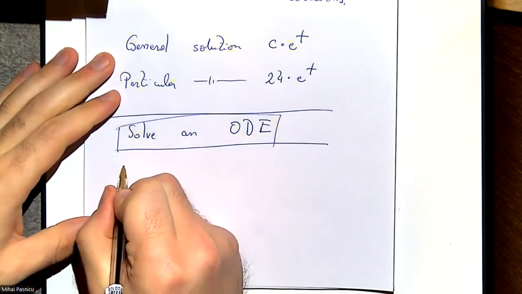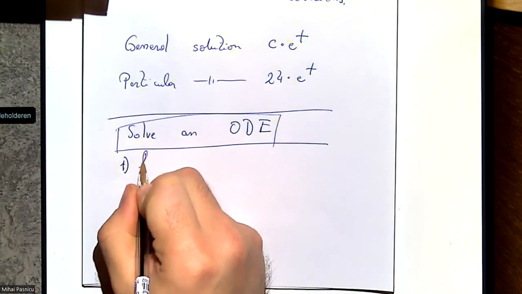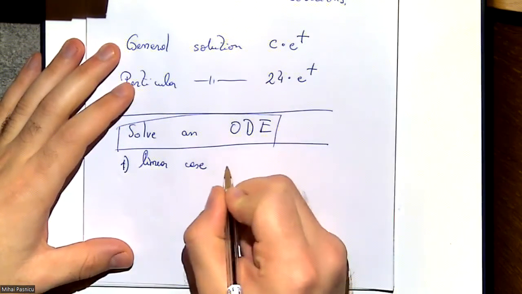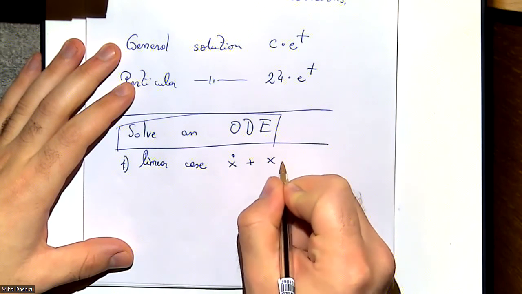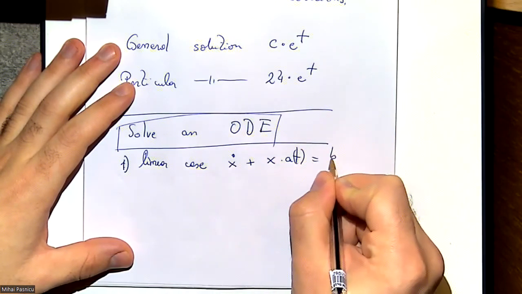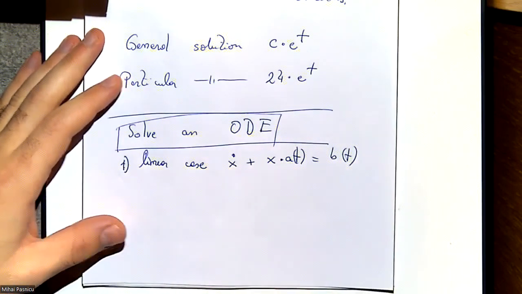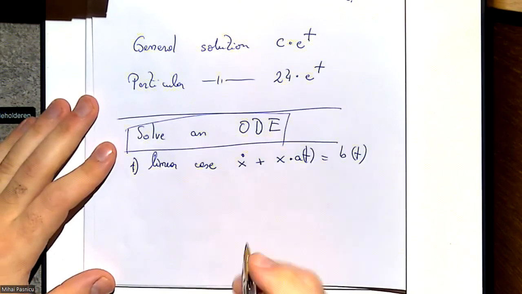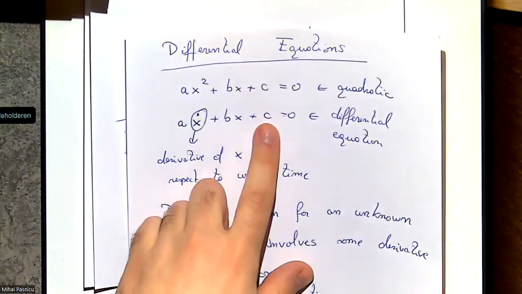We have two cases. The first case is the linear case, in which you have x dot plus a(t) x is equal to b(t). This is how it's introduced in your books. Just a small parenthesis, you can tell that it's just the one I wrote before, with different constants.